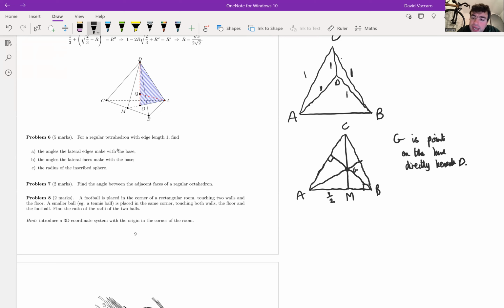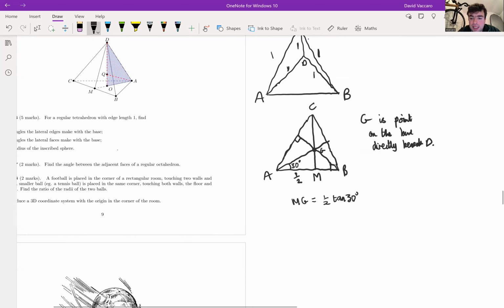This angle in here is 30 degrees. So we can say that MG is equal to 1/2 tan 30, and tan 30 degrees is 1/√3. So this is 1/(2√3), which is √3 over 2 times 3. So that's √3 over 6.